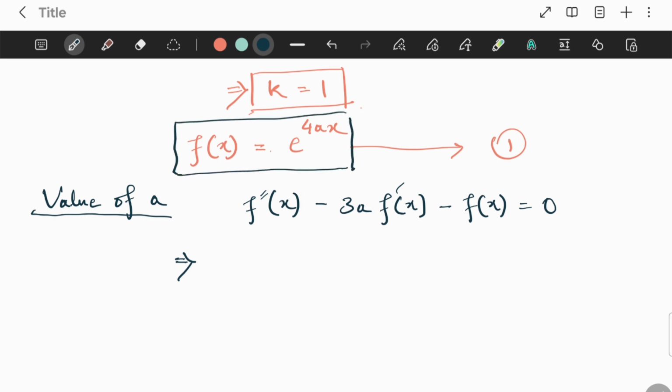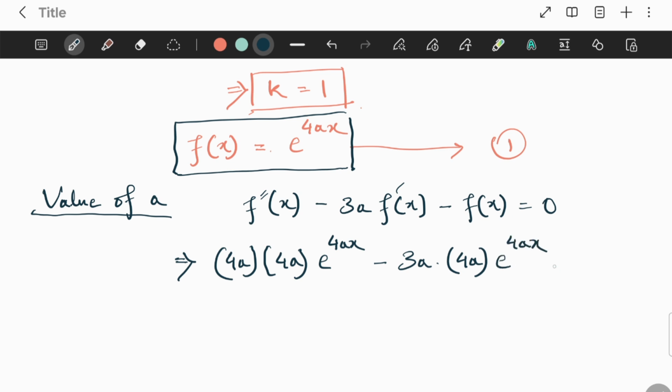we'll get f''(x) equals 4a, again 4a, e to the power 4ax. The other one would be minus 3a into 4a e to the power 4ax, minus e to the power 4ax, and this would be equal to 0.